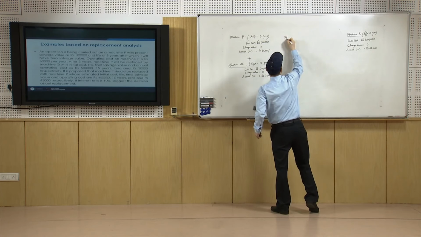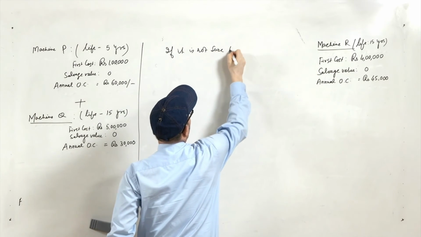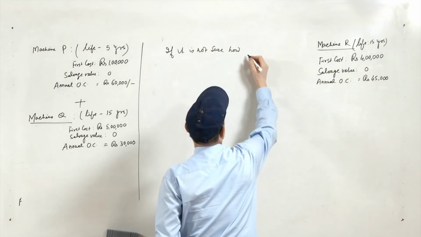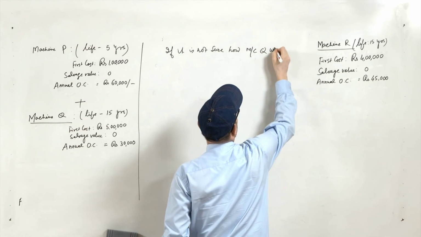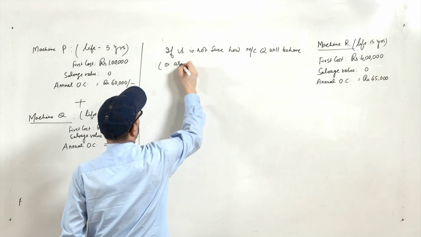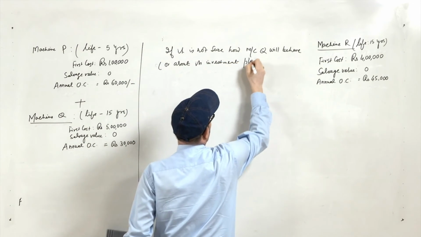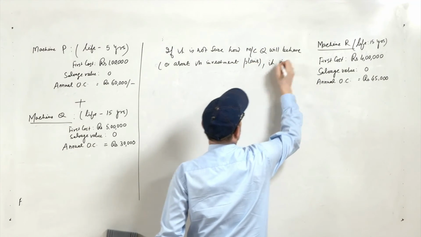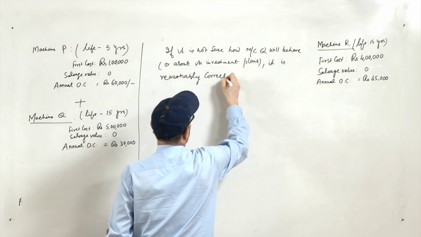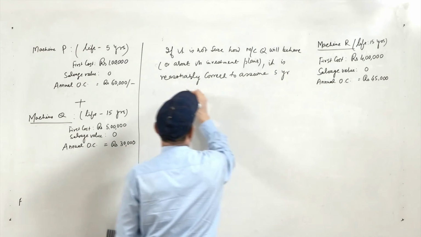So, if it is not sure how machine Q will behave, about its investment plans, it is reasonably correct to assume a 5-year study period.